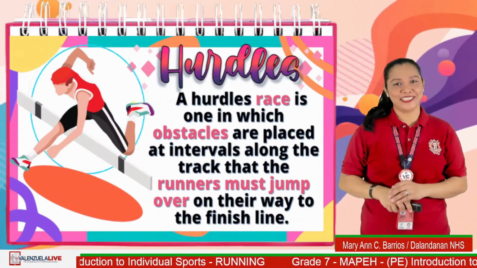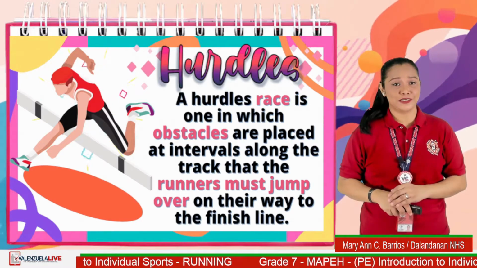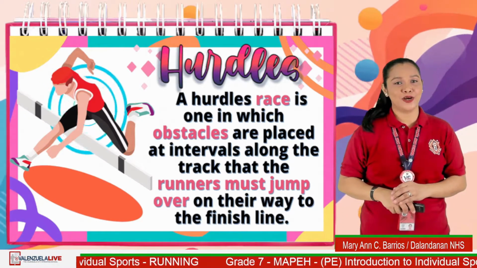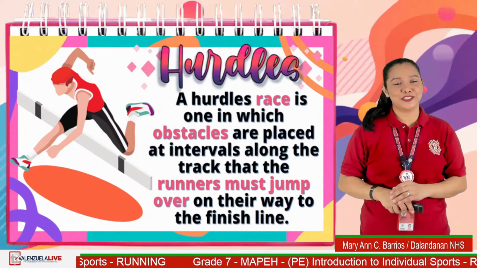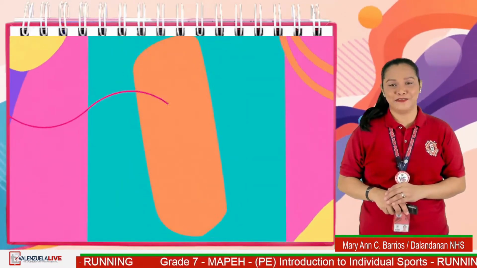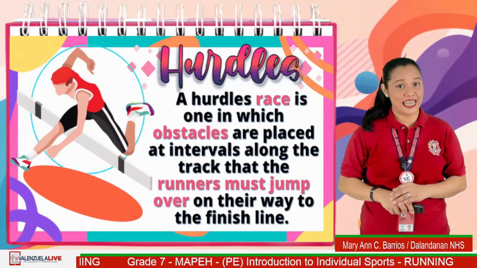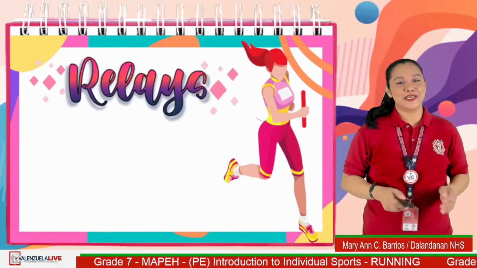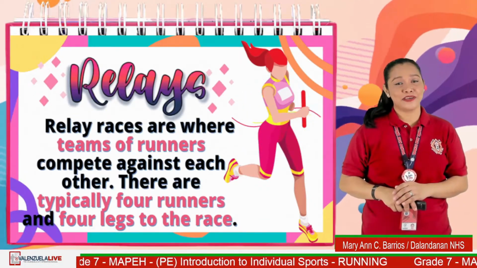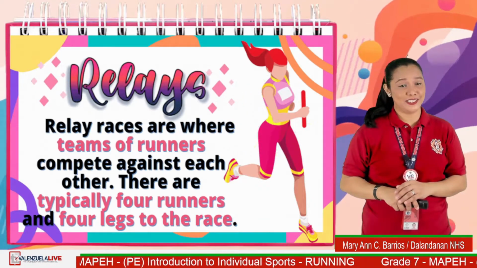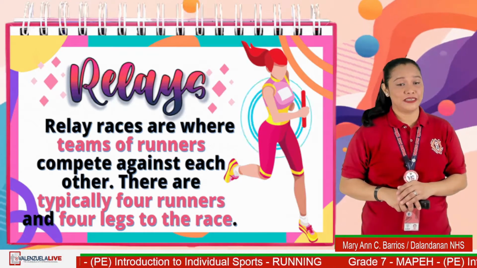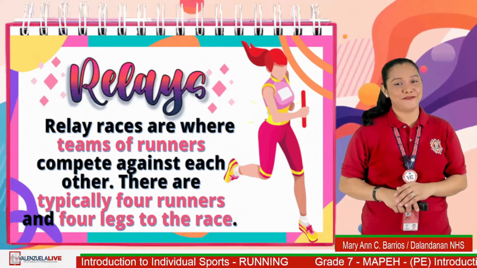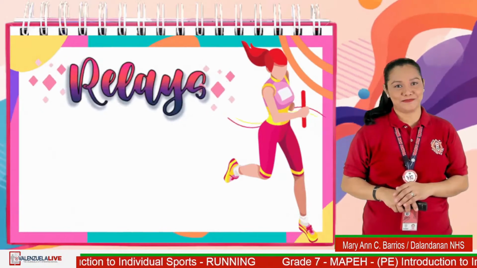A hurdle race is one in which obstacles are placed at intervals along the track that the runner must jump over on their way to the finish line. And lastly, relays. Relay races are where teams of runners compete against each other. There are typically 4 runners and 4 legs to the race.